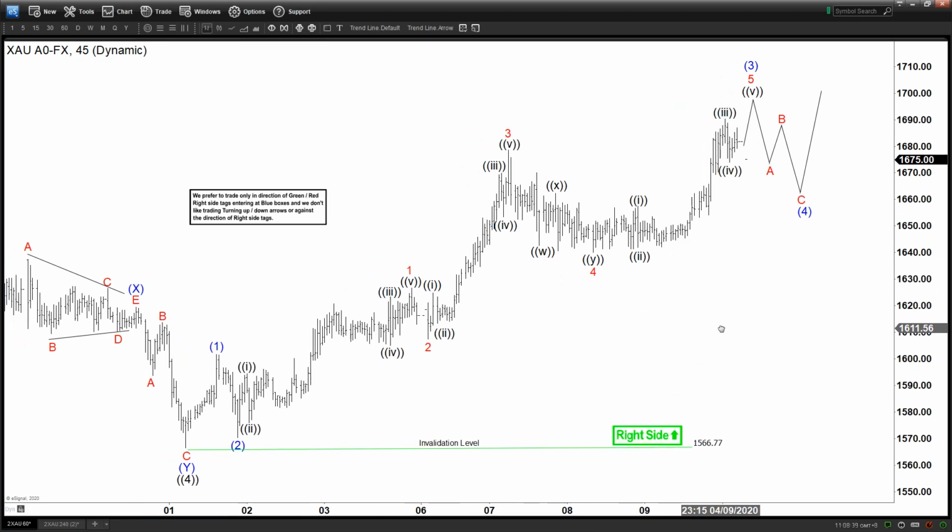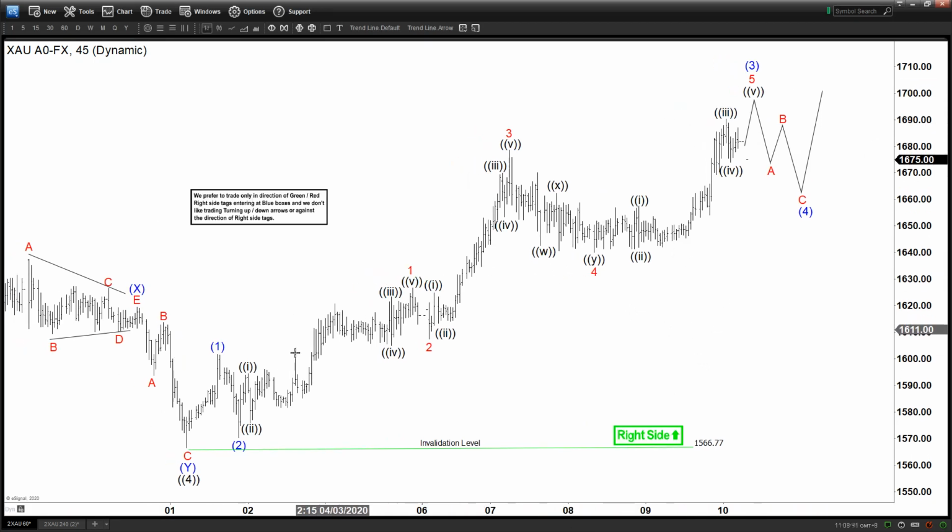So today we will be looking at the chart of gold here. This is a 45 minutes chart, and we can see the rally from 1566 is proposed to be in a 5 waves up, in which this is ending with wave 4 in the black degree, meaning we are now in the wave 5 in the black, and the wave 5 in the black subdivides into another 5 waves.